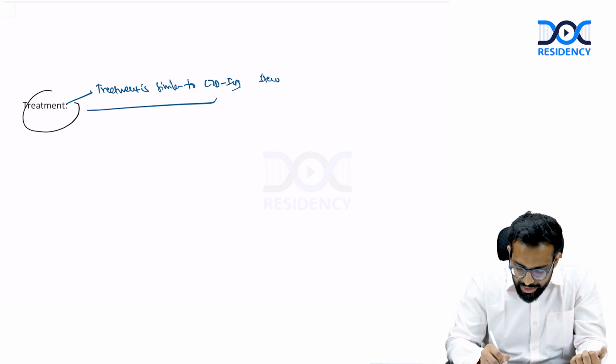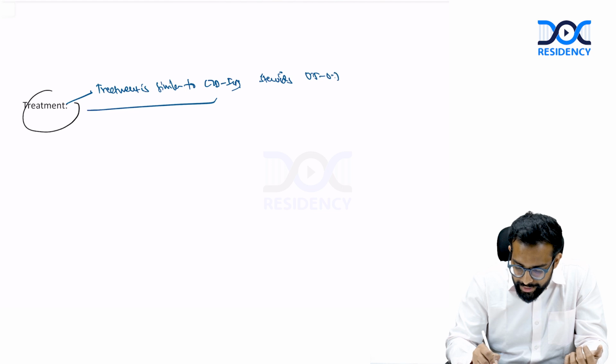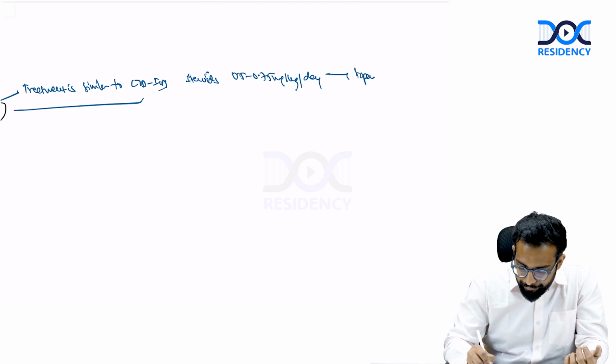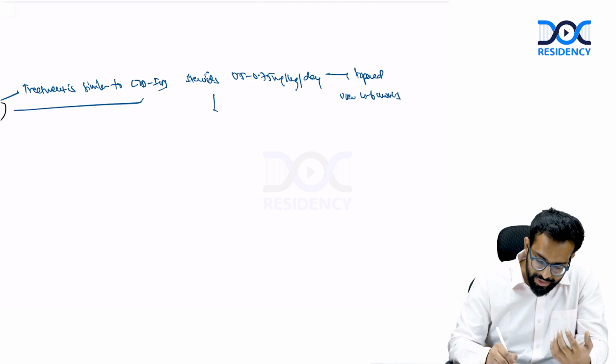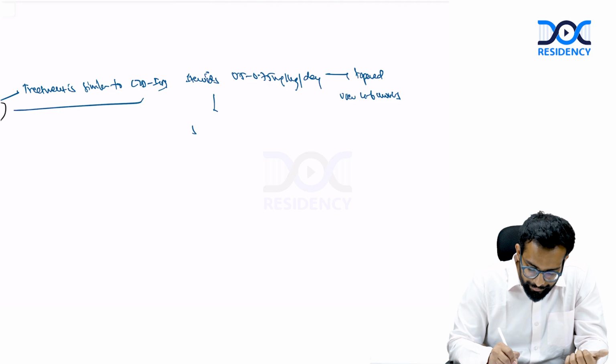So the patients are initially started on steroids, which could vary from 0.5 to 0.75 mg per kg per day, and it is usually tapered over 4 to 6 months. And along with this, the patients are started on a second-line immunosuppressive, that is a steroid-sparing agent.